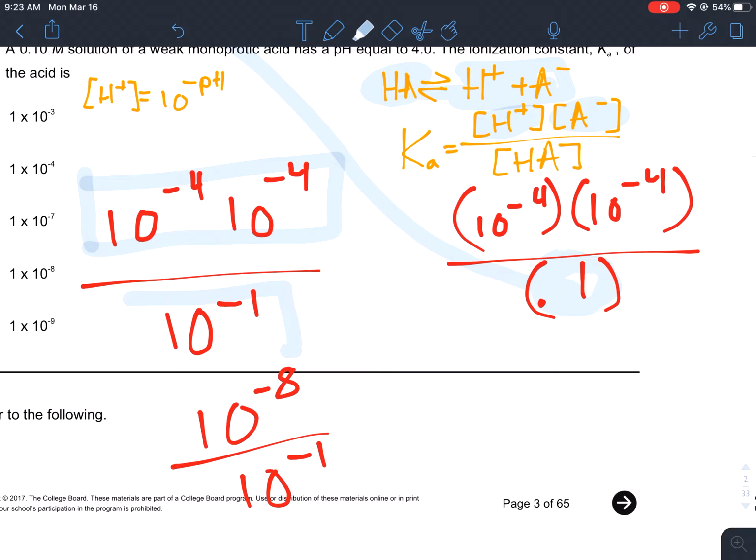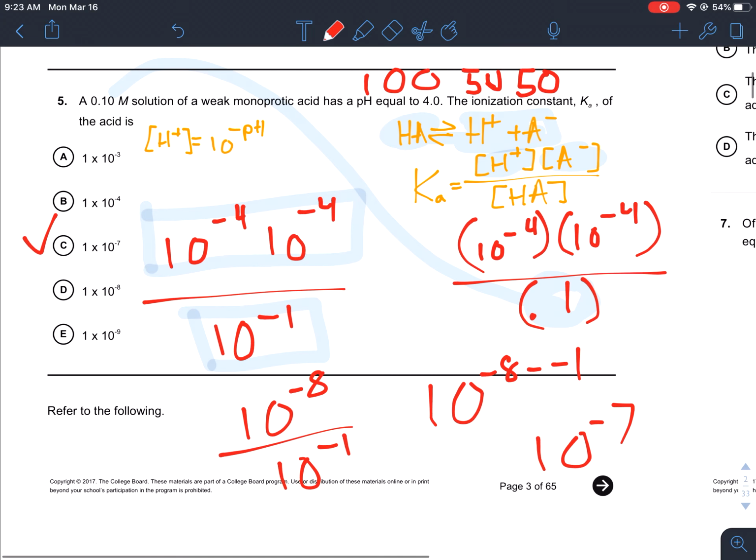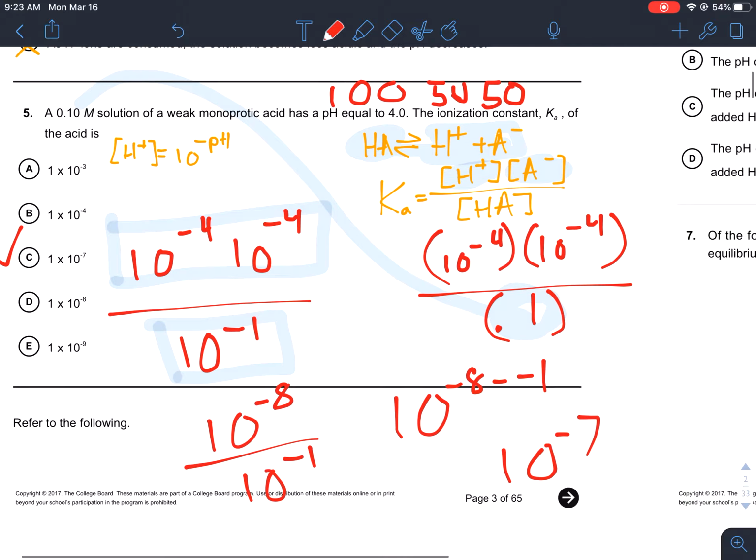When you divide bases, you subtract them. So this is going to become 10 to the negative 8 minus negative 1, which is 10 to the negative 7. Answer C. It's a good question. This is more straightforward, not a lot of concept, but notice the math. The numbers are very doable, and you don't require a calculator to get that answer.